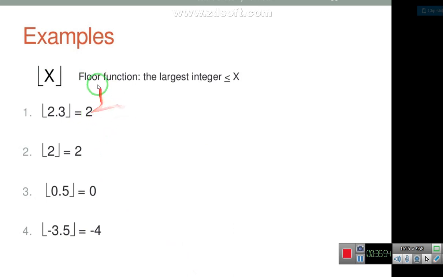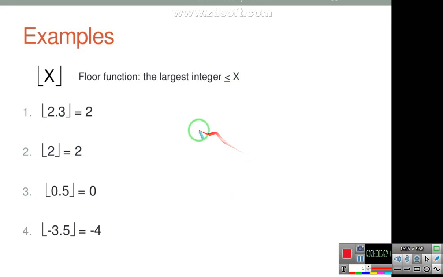So now, the floor function, the largest integer. What does it mean? Let's say you have a function f of x, and your x value is 2.3.